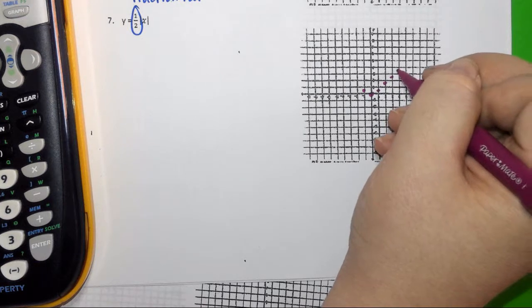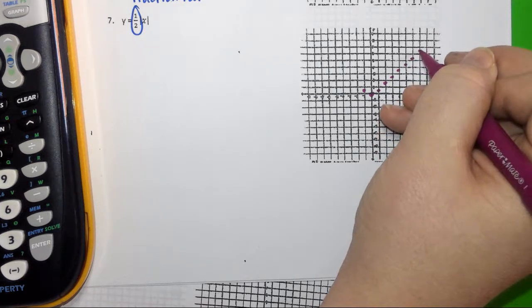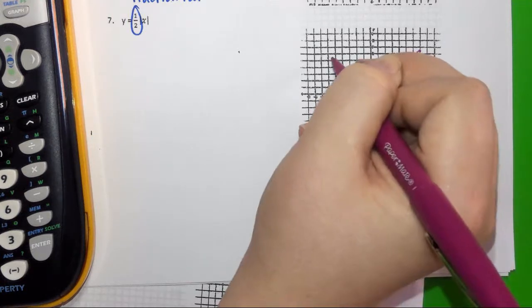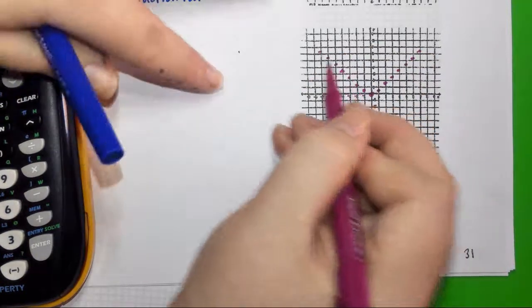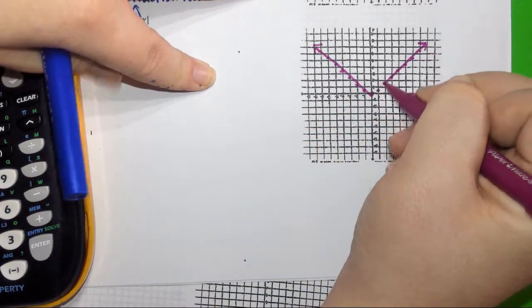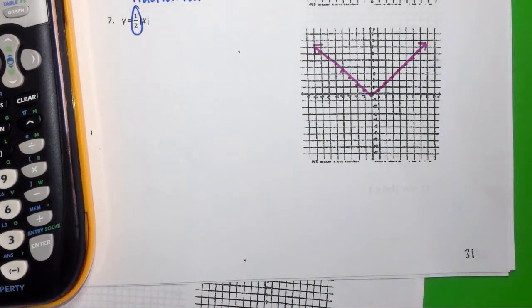So I keep on just going up halves, and you'll end up with the exact same V. So really, Paige is not even going to use the graphing calculator because she's got it in her head. She's going to use it to check herself, and I think that's brilliant. If you need the graphing calculator, no big deal. I'm never going to know how much you rely on it as long as you make sure you put all the stuff you need on your paper.